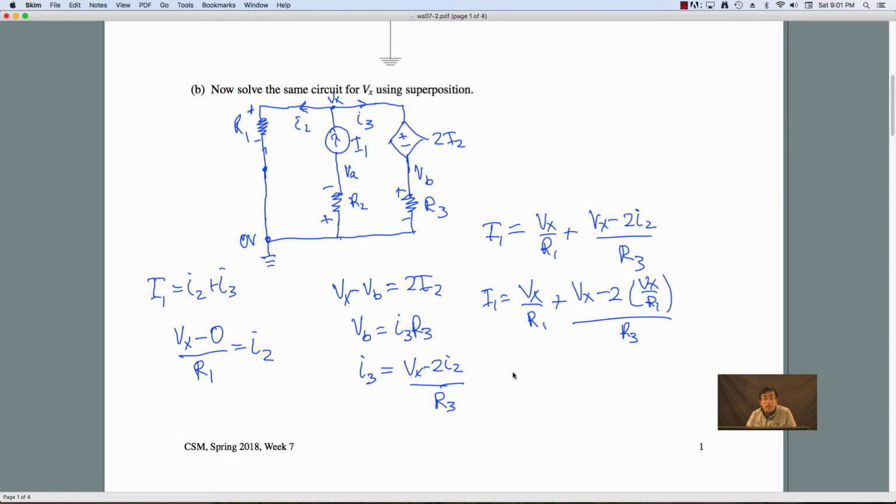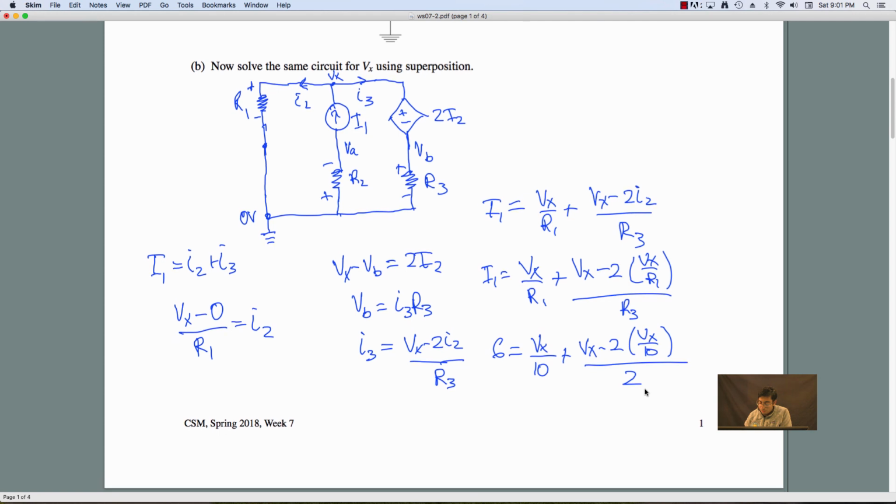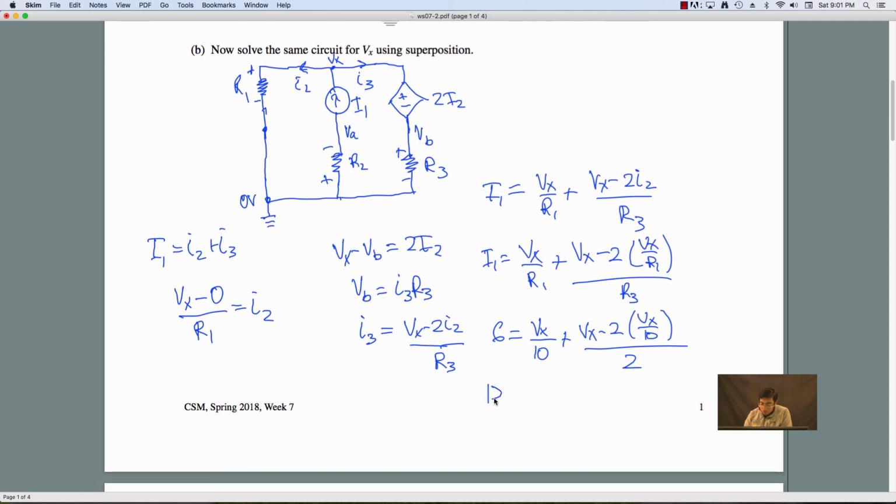And now we can start plugging in the values we know. Like such. And then all I'm going to do is multiply both sides by 2. And then you'll see we have this, in which, again, these two quantities here cancel out, and we get Vx is equal to 12.